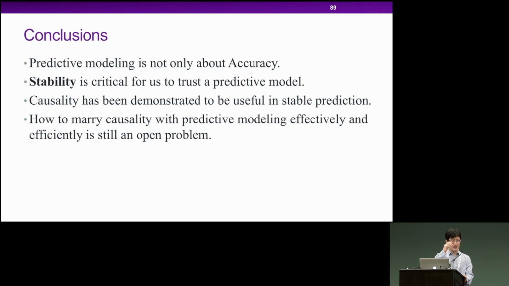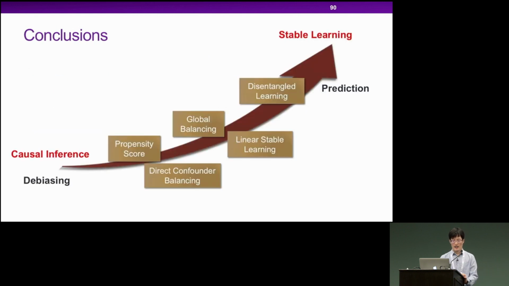And finally, I would like to share this figure: for causal inference, we care more about debiasing, whether the estimated model is consistent with the true model. And in stable learning, we care more about the prediction performance. So you can see there is a natural progression along this line from causal inference to stable learning.